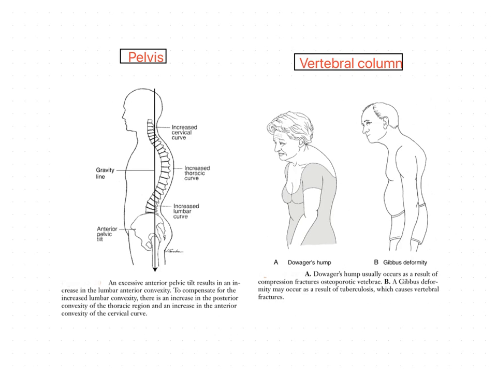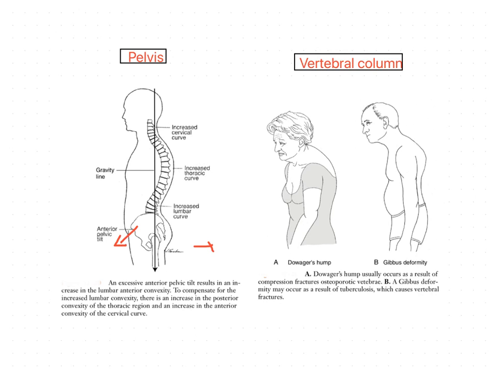What is going to happen? What are the deviations in the pelvis? So here we can find excessive anterior pelvic tilt and excessive posterior pelvic tilt. Okay, so in the case of excessive anterior pelvic tilt, here the pelvis tilts forward.